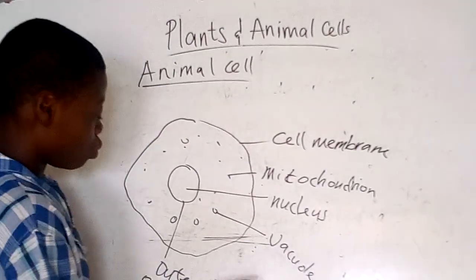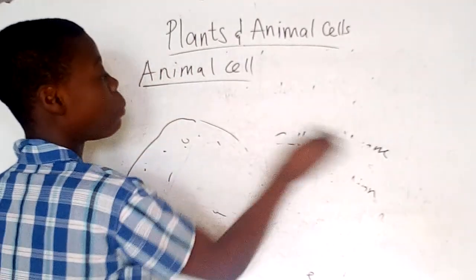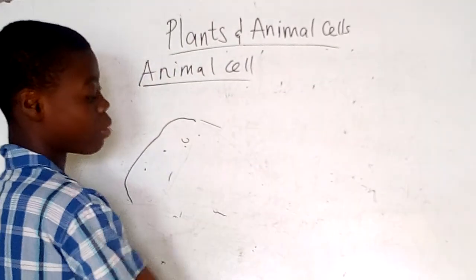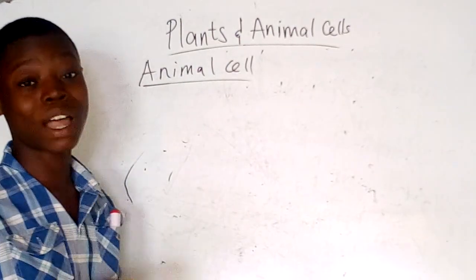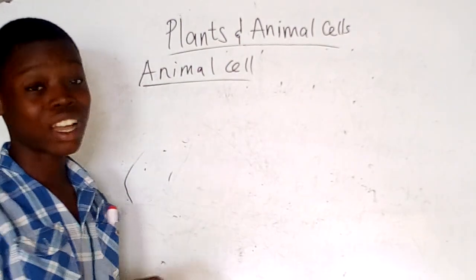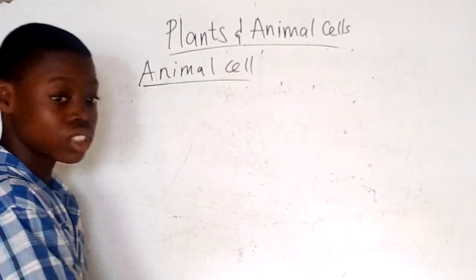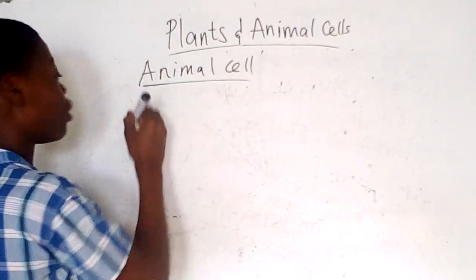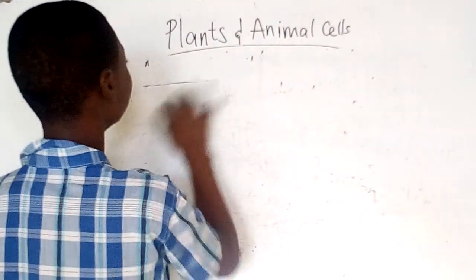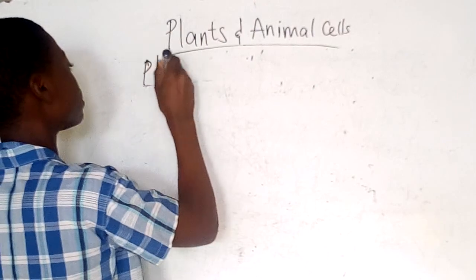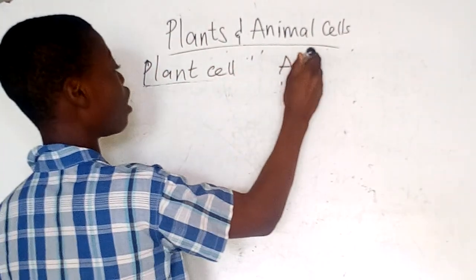Okay, we'll be moving on to differences between the plant cell and the animal cell. And for the functions of the parts of the animal cell, they are the same as the plant cell. So let's move on. Okay, we are going to differentiate between the plant cell and the animal cell.